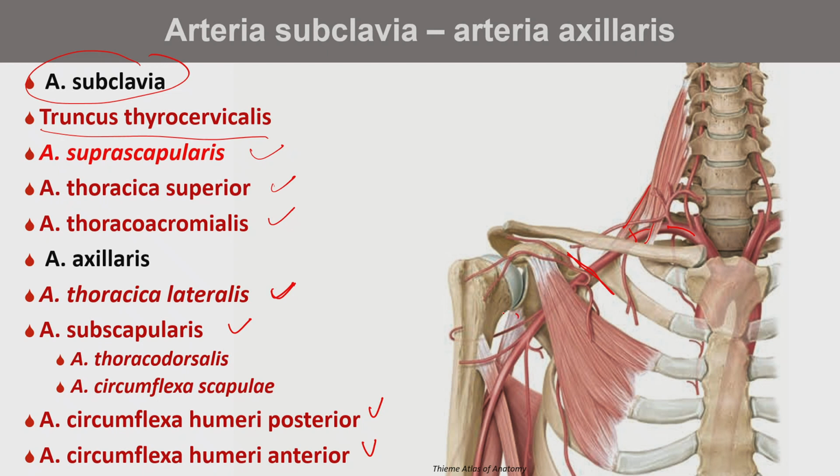So they are in this region. Those are arteries arising from this part of the artery, which is called the axillary artery. The superior part, this section, is called subclavian.